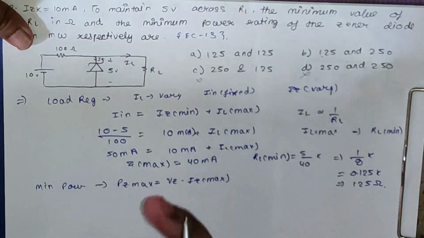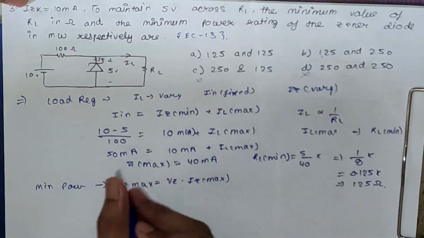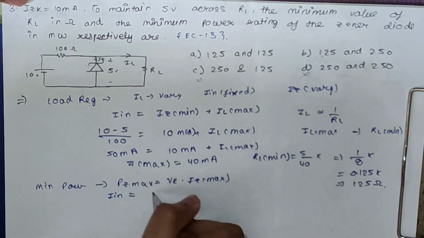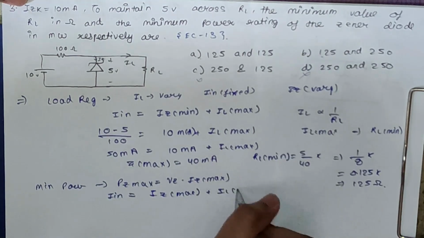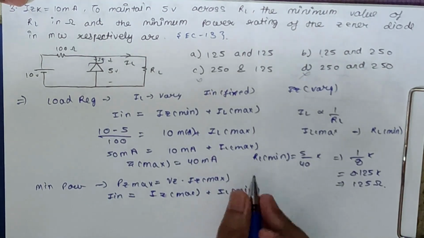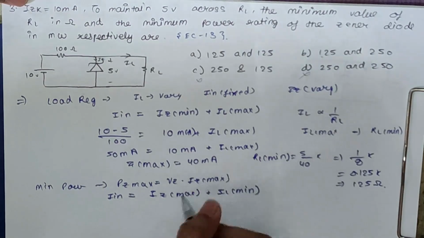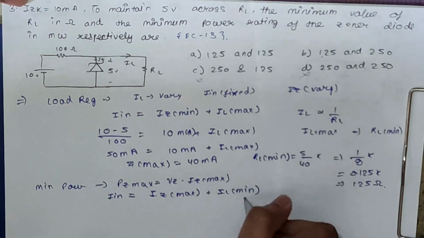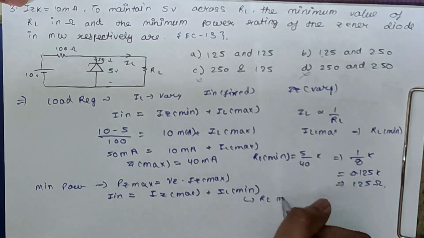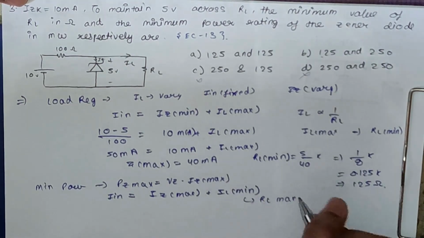So here we have to find IZ max to find this PZ max. Now the question comes, what will be the IZ maximum? We know the equation: I_in is equal to IZ maximum when IL is minimum. But again the question comes, what will be the IL minimum? IL will be minimum only when RL is maximum, and the value of load resistance can be infinity.